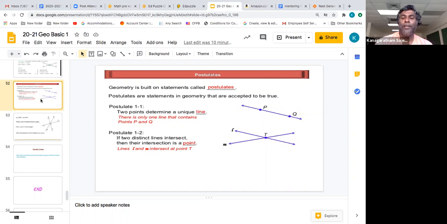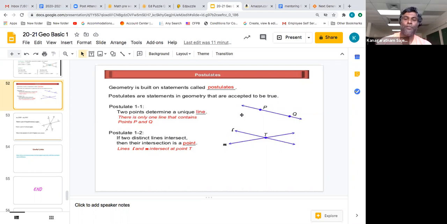If it's a line, there will be at least two points, and that line goes through those two points. So how many lines can go through two points? Just one. If you think it's more than one, it's wrong. For example, we have P and Q. Some people may say you can draw another line on top of this line, but it's the same line.